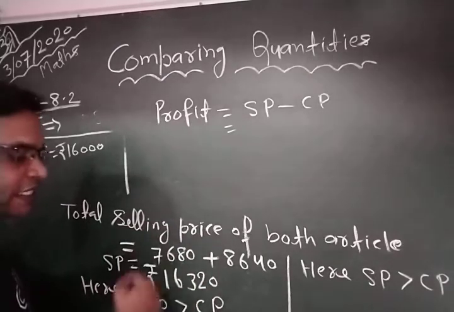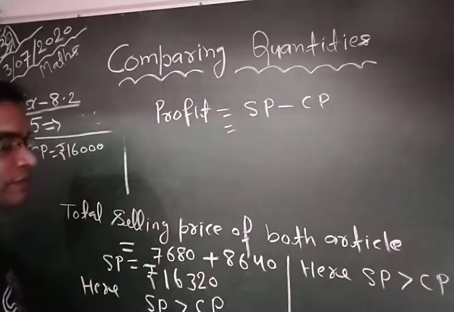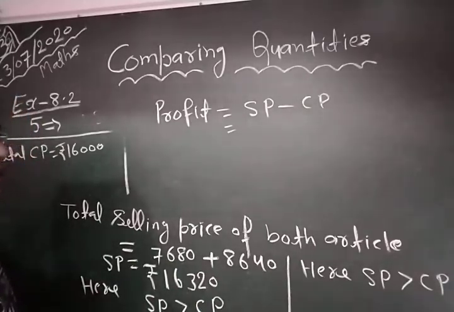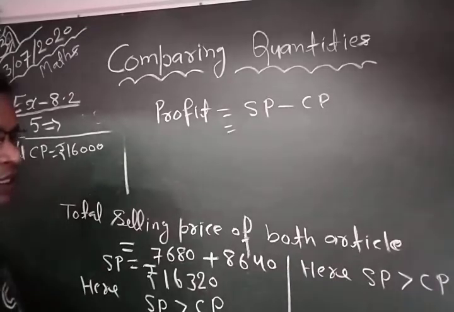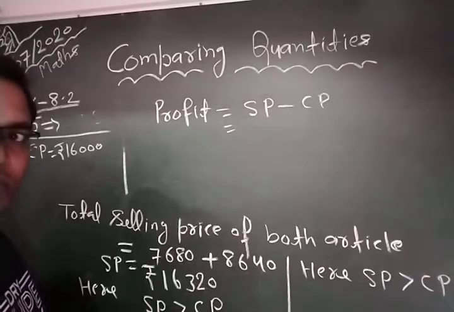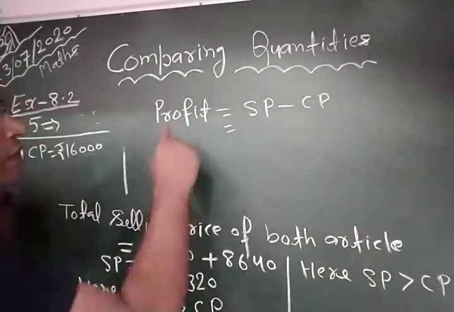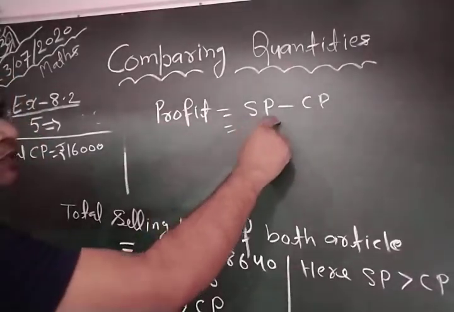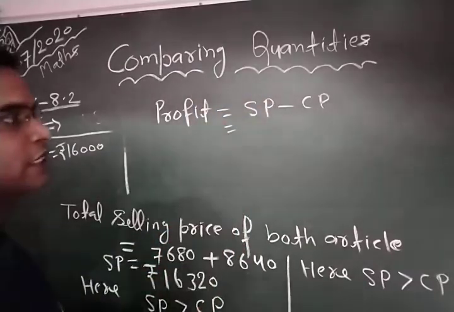So the total selling price of BCR and TB is 16,320. In each case you can see the selling price is greater than the cost price. So in this way we can say that in the whole transaction we obtain profit. Profit is equal to selling price minus cost price.